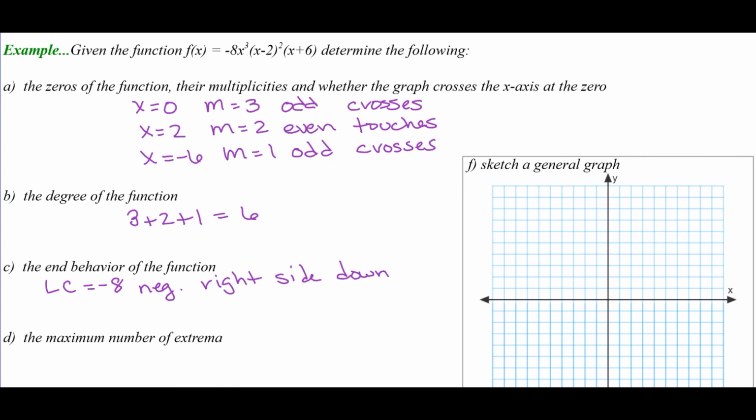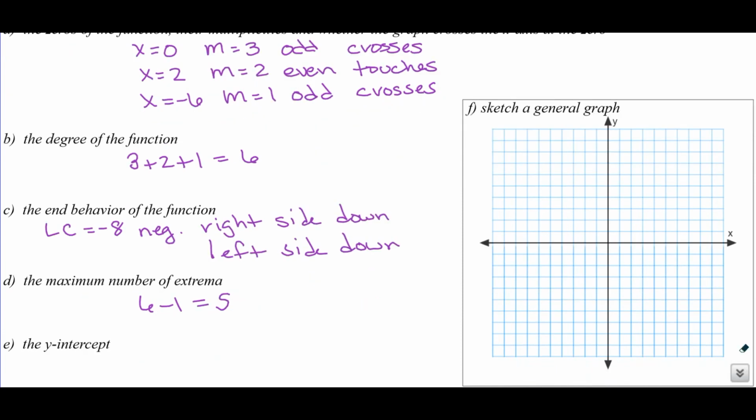Since my degree is even, they're going in the same direction, so the left side also goes down. And then my maximum number of extrema is going to be 1 less than my degree, so 6 minus 1 equals 5.